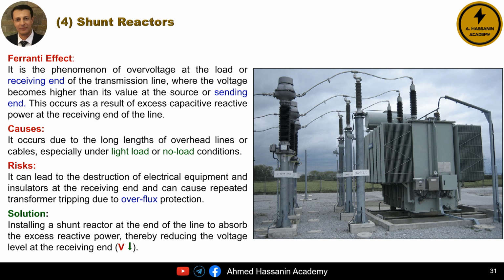Another important point is that shunt reactors are usually operated manually, and this leads to another major problem. If there is a sudden disconnection of any large load, this would result in a sudden increase in reactive power, and if the shunt reactor is disconnected or out of service at that moment, then a voltage rise will occur at the end of the transmission line, as we mentioned earlier, which can lead to damage or failure of electrical equipment.